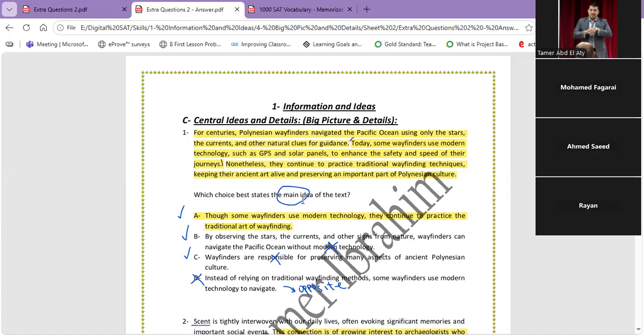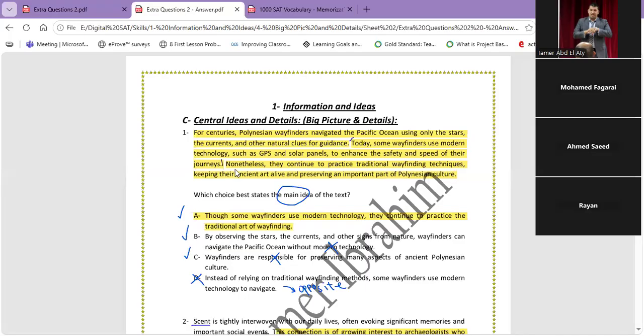Let's try. Here the question asks for the main idea, so I'm going to read the first sentence and the last sentence. It says: for centuries, Polynesian wayfinders navigated the Pacific Ocean using only the stars, the currents, and other natural clues for guidance. Okay, now we know that those people used the stars, currents, and natural clues for guidance in the Pacific Ocean.